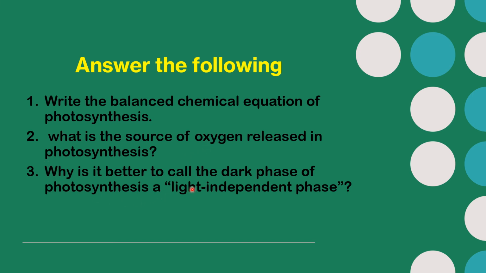Why is it better to call the dark phase of photosynthesis a light independent phase? Because light independent phase does not occur only in dark or at night. It occurs simultaneously after light dependent phase.